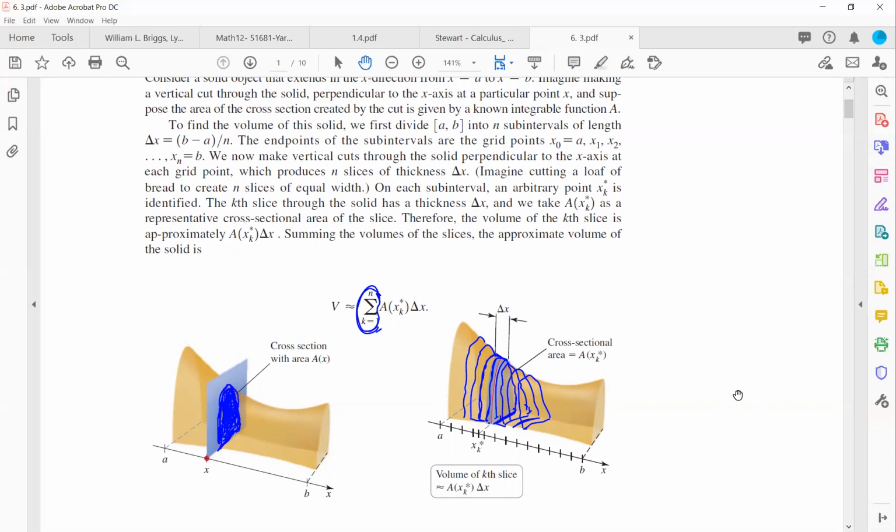Remember that if you just take very small pieces, these delta X's are getting closer and closer to dx. And your sigma eventually transforms into integral.